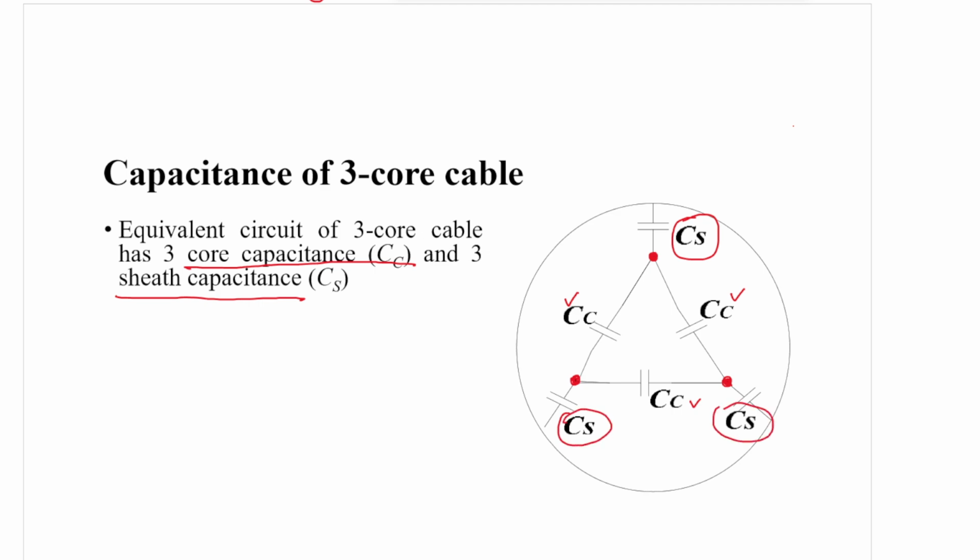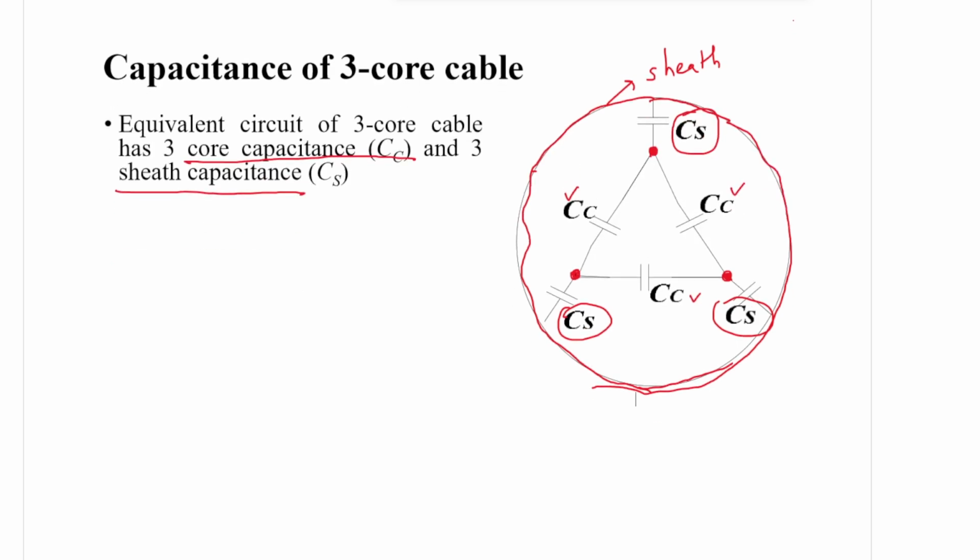So we have 3 core capacitances, Cc, the capacitance formed between any 2 cores, and 3 sheath capacitances, Cs, the capacitance formed between any core and the sheath. This entire outer circle is called the sheath.